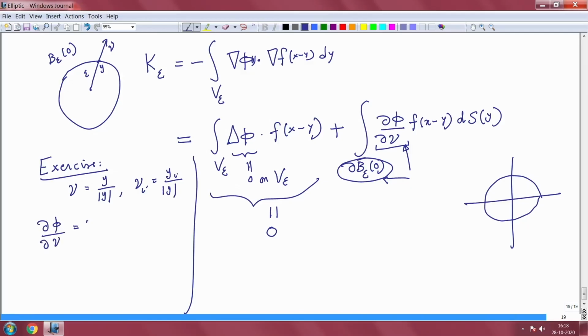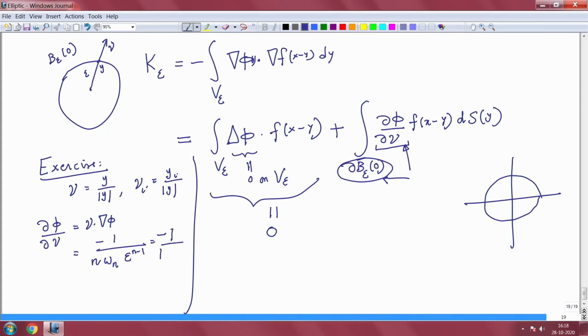Your d phi by d nu in this case is nu dot grad phi. So, compute this grad phi, I already told you to complete it in the earlier lectures. If you do this, this will be exactly minus 1 by n omega n epsilon power n minus 1.